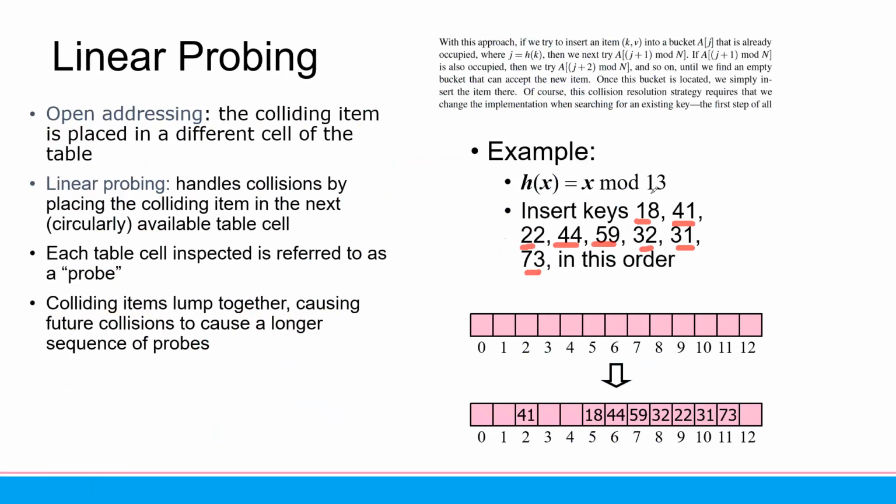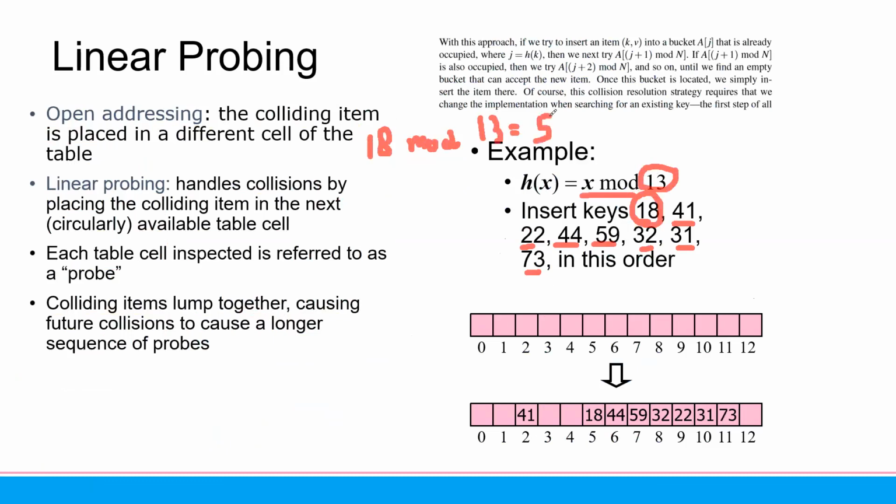So let's start with 18. The table size is 13. Then I can use the compression function x mod 13. 18 mod 13, what is the result? It is 5.